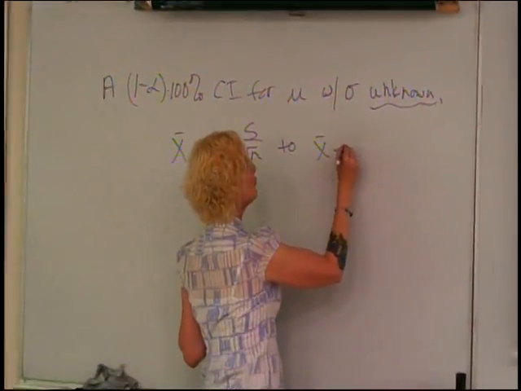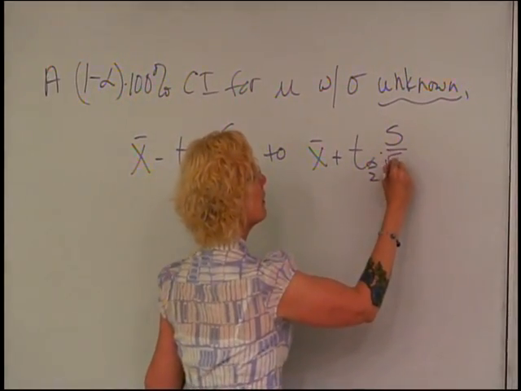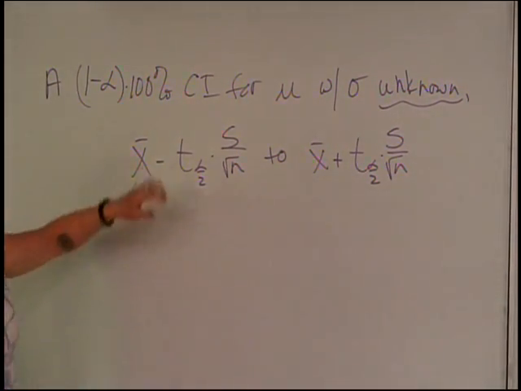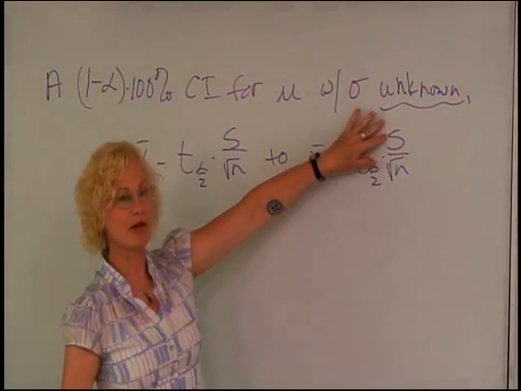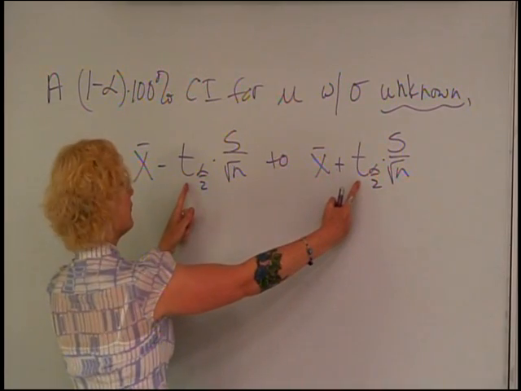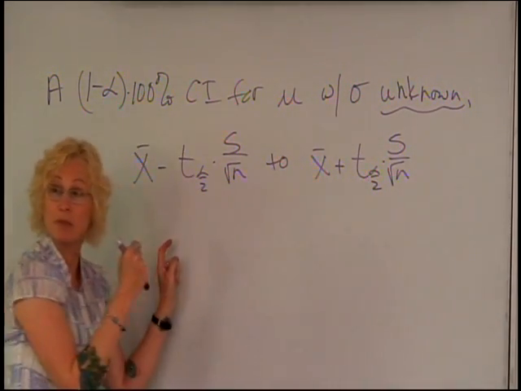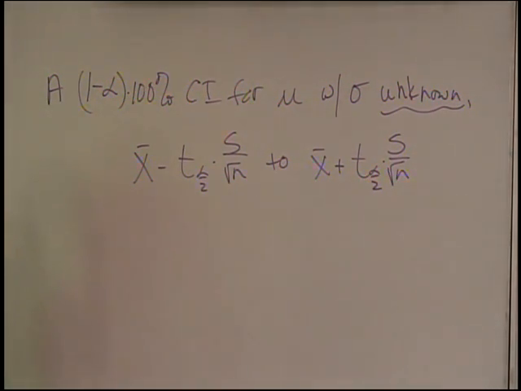The only thing we're doing here is, when sigma, the population standard deviation, is unknown, we replace it with the sample standard deviation and switch from z-scores to t-scores. Otherwise the thing is just the same. You guys okay with that?